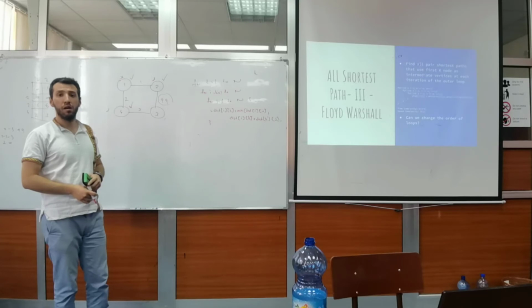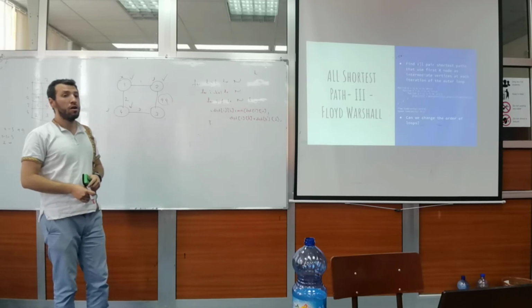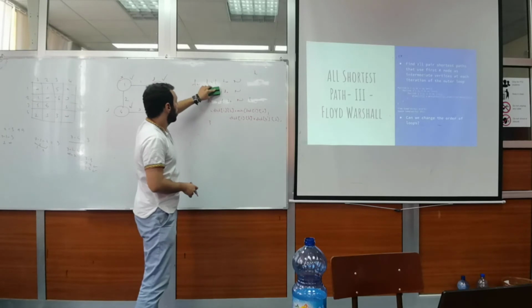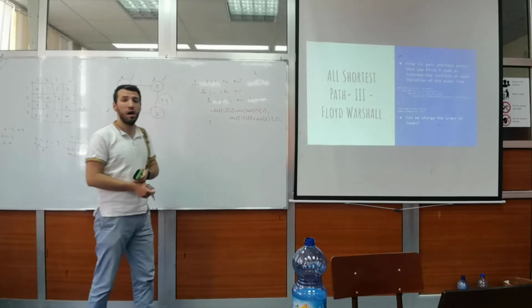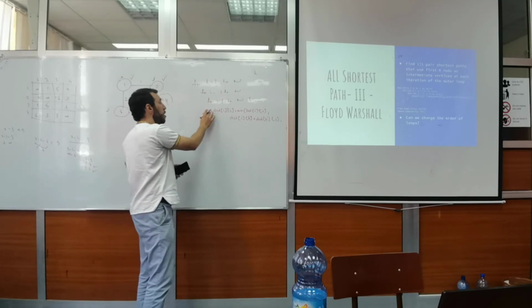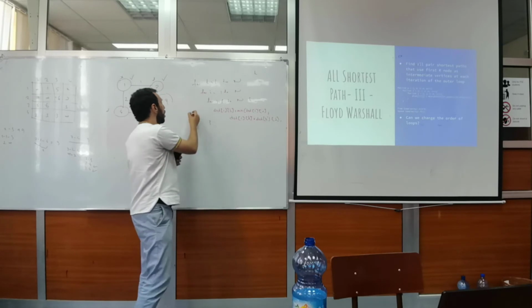From I to J. I didn't even understand at the beginning that K is the intermediate. Yes, K is the intermediate one. Wait, if it was K plus 1, since J starts from 1, will it work? If you only have this, it's not going to work. Is Ji equal to Ij?